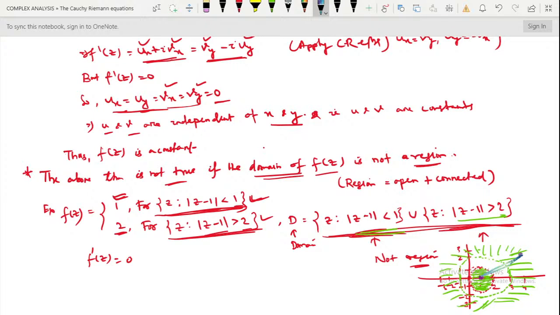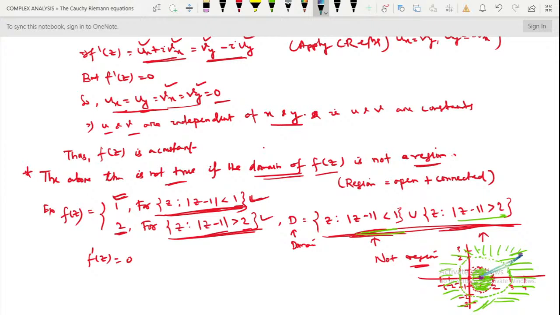So if this thing is a constant, K is a constant. So its modulus is constant means u squared plus v squared is a constant.